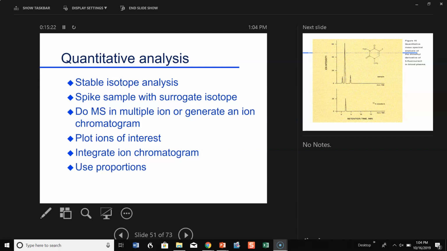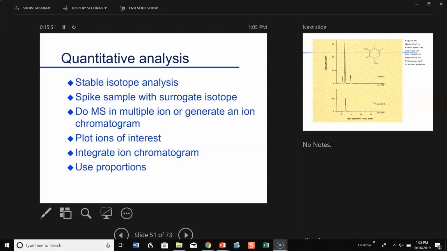Now I can add a known amount of this stable isotope to my sample. I go ahead and do my separation throughout the whole run. But I'll have this mass spectrometer only look at mass 106, and plot 106, and then 108. So what I do is I get an analysis of the same compound, the stable isotope or not, and I can look at the size.